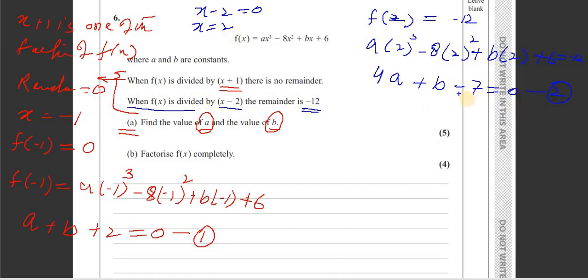Now we have two equations, so we can solve equations 1 and 2 simultaneously. It's up to you whether you choose the substitution method or the elimination method. I am not solving here because of the timing, but when you solve simultaneously, you must get a equal to 3 and b is equal to minus 5. So these are the values of a and b.